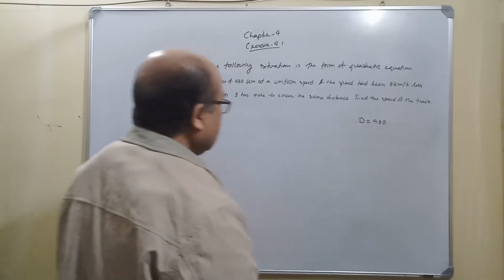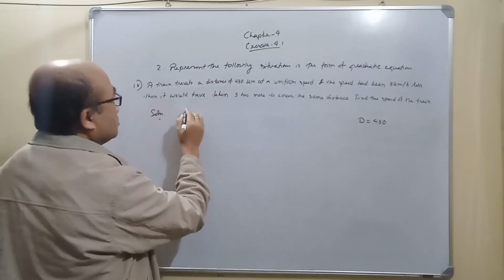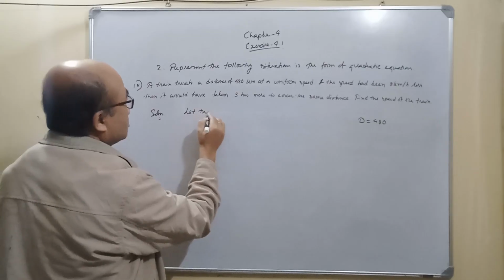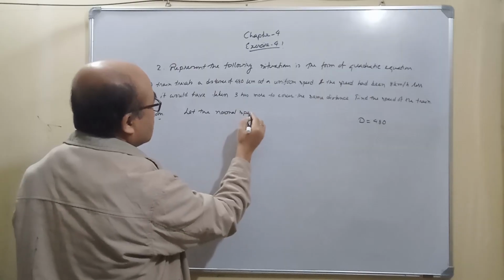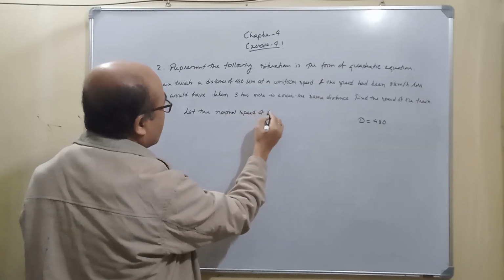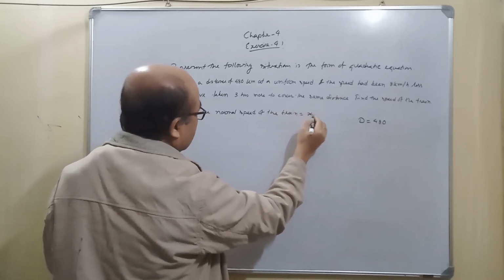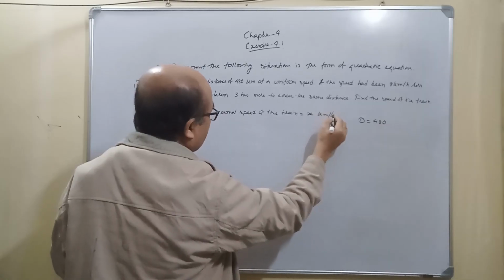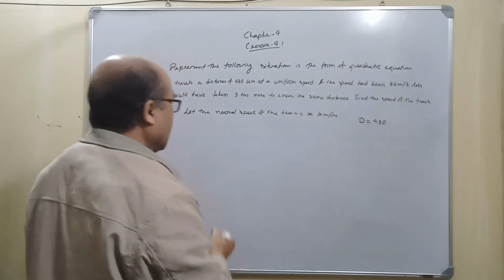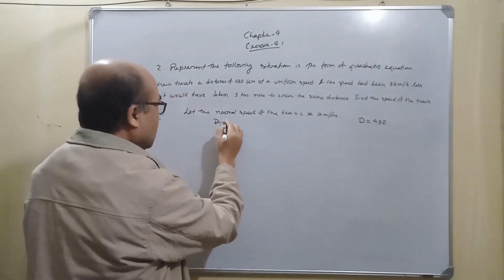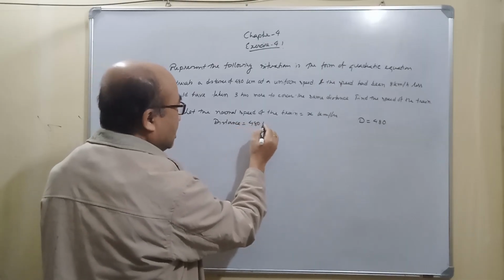Suppose, let the normal speed of the train be x km per hour. This is the normal speed. Distance is given as 480 km.